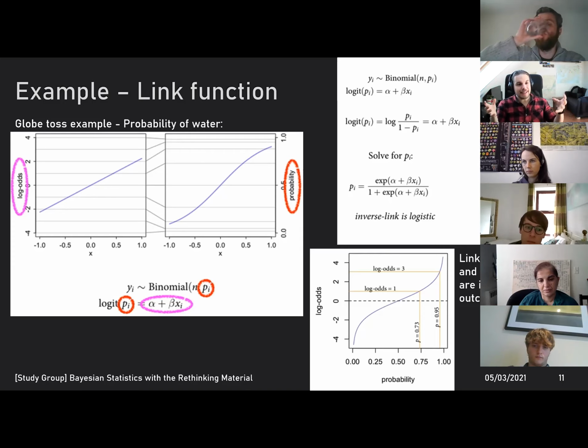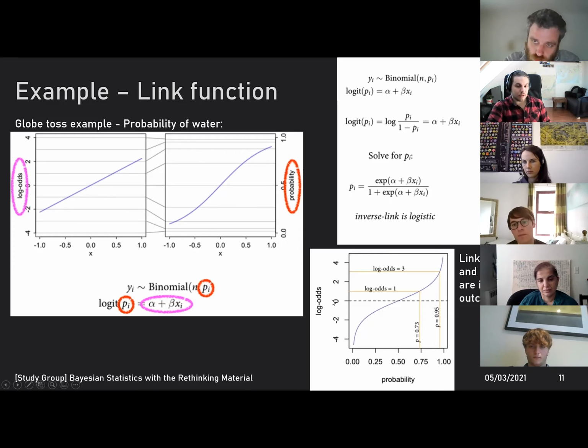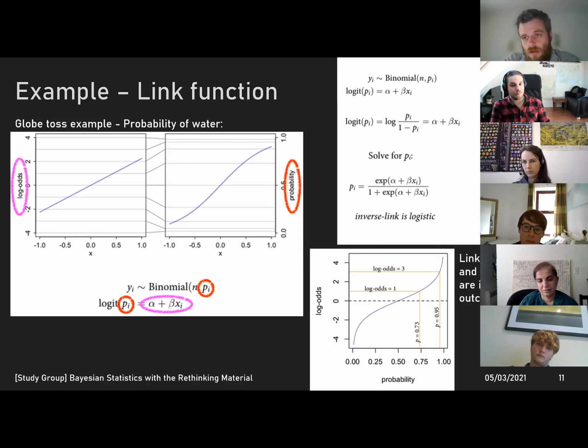Because of that logit link function in probability space, anything that goes beyond log odds of -4 or 4 would basically always correspond to a probability of never occurring or always occurring. And that's the beauty of using these links, because we transform what our linear model tells us into our desired outcome distribution.